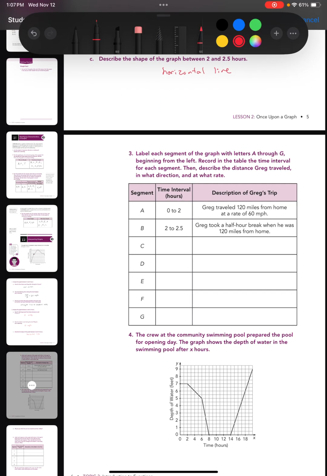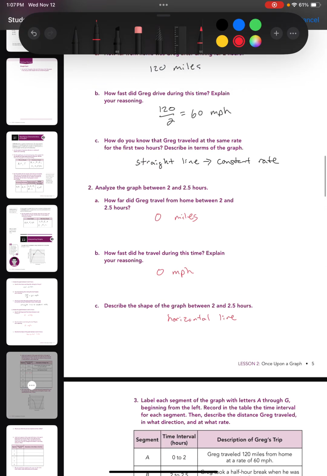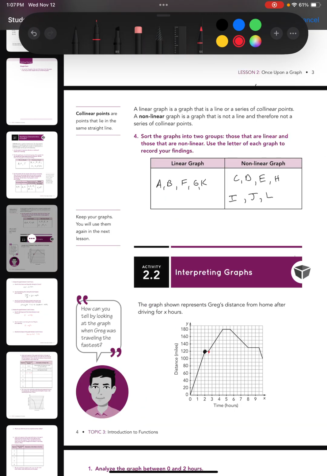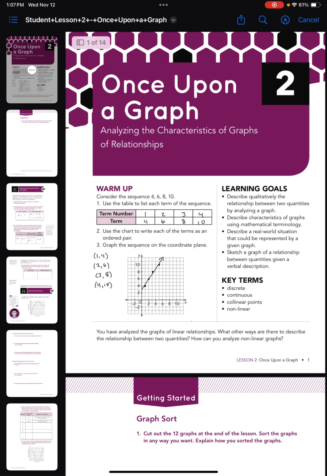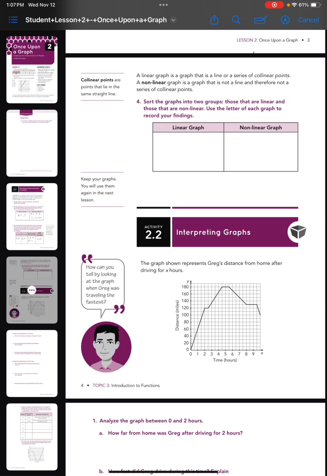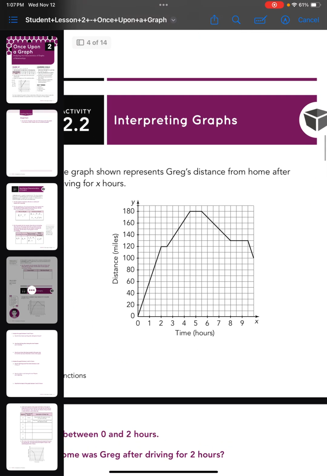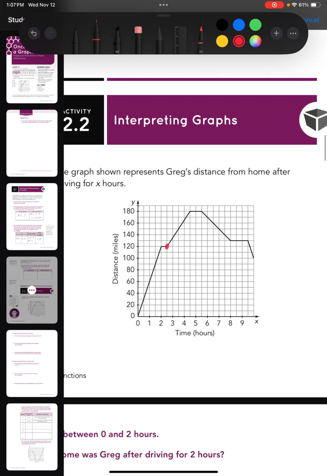All right, so labeling each segment of the graph, we can flip back and forth from the graph to take a look at this. They already filled in the first two we just named. The next one would be, and I'll go back to the graph to show it, 2.5 hours to 4.5 hours. Two and a half hours is here to 4.5 hours is right there.